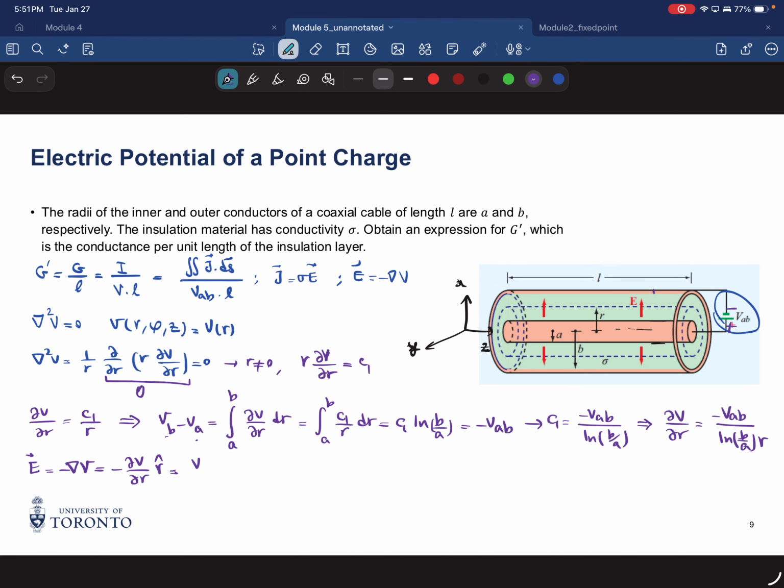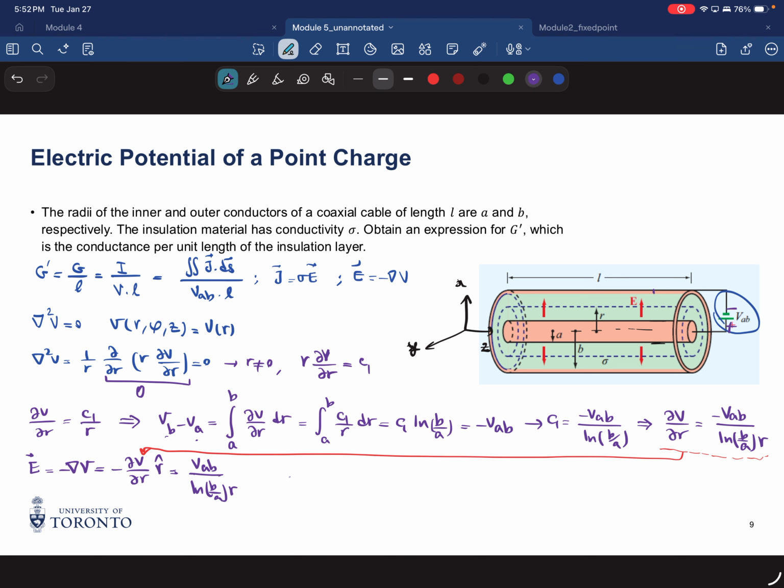And that is going to be VAB over ln(B/A) times r, r hat. All I did here was to plug in this over here. So we found E. Great.